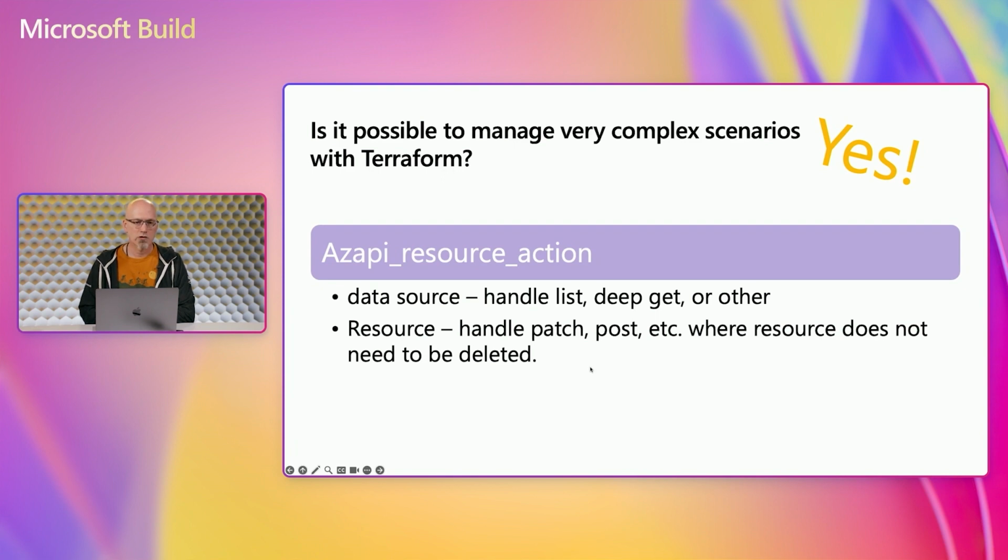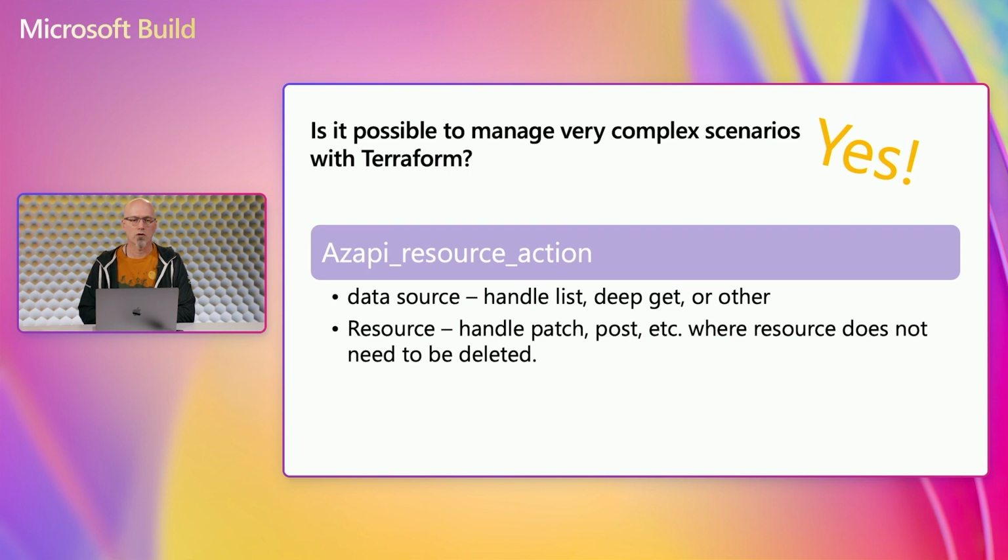The action resource will allow you to handle things other than put. So it will handle patches and posts. Some API calls require patches and posts, and this gives you the ability to do that. And one of the other things to know about the action resource is the delete action is a no-op.